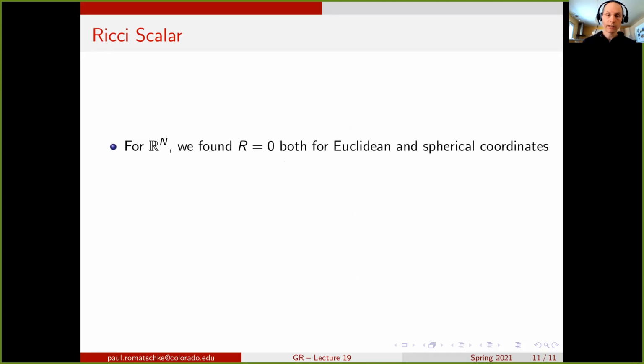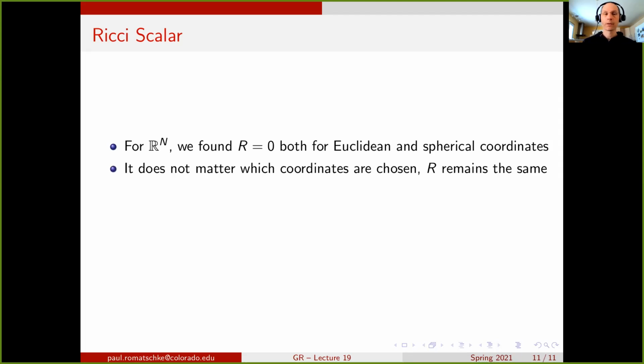We chose Euclidean coordinates, we found R is 0. We chose spherical coordinates, R is 0. That is to be expected for an actual scalar that is independent of the coordinates that you choose. But the spherical surface gave us a non-vanishing result. The R was small if the radius of the sphere was large, and the R was large if the radius of the sphere was small.